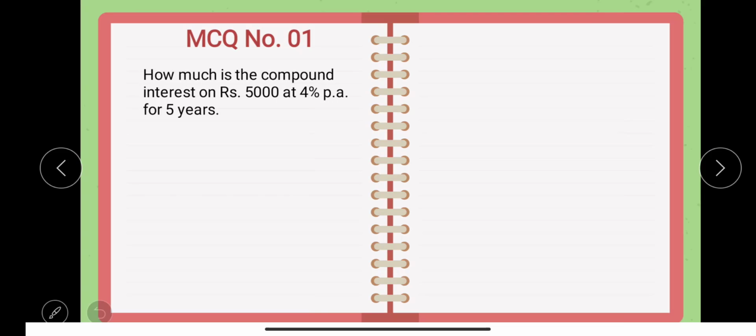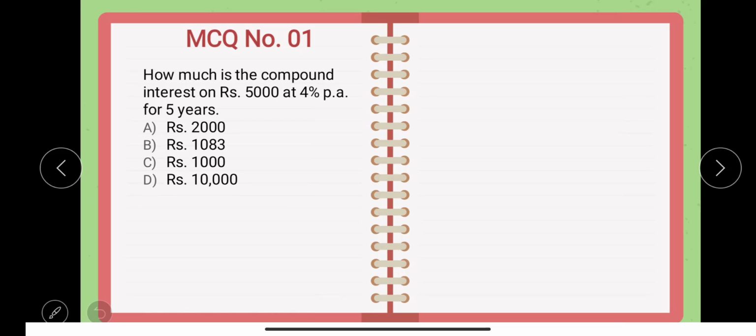This is a practical based question. Here you have to calculate the compound interest by using the formula for compound interest, and options are given: A rupees 2,000, B rupees 1,083, C rupees 1,000 and D rupees 10,000.